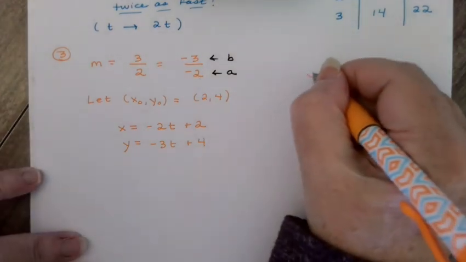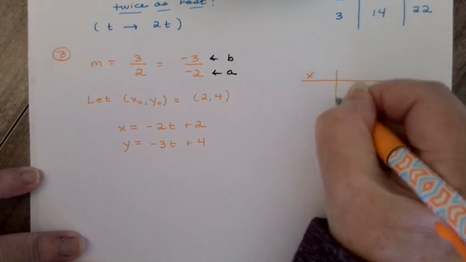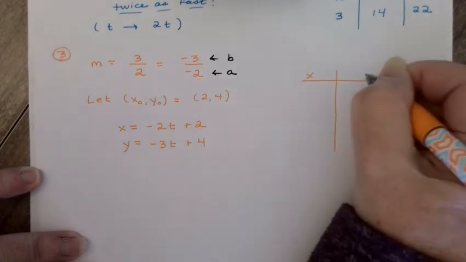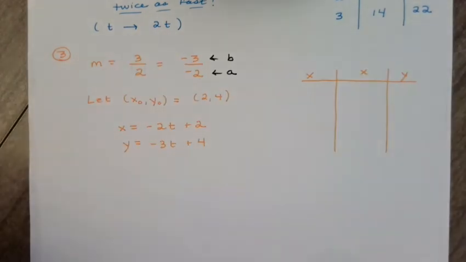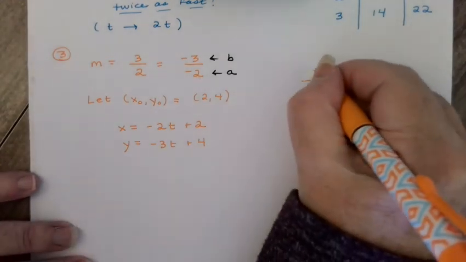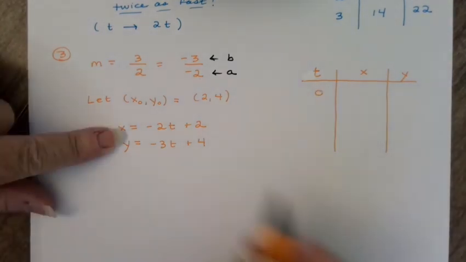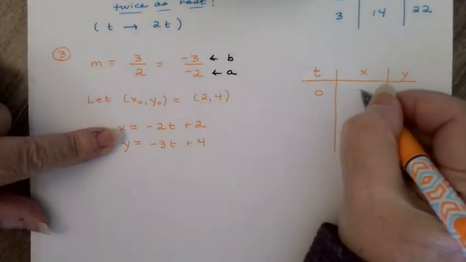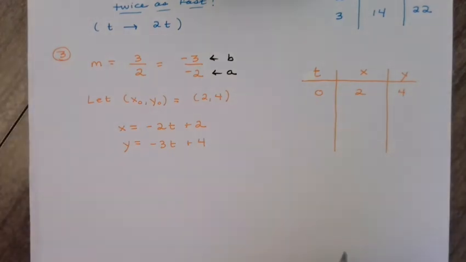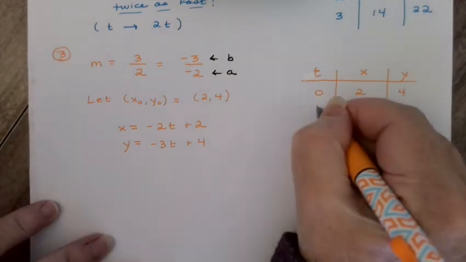I'm going to make myself a little table of values this time. All right, starting out at t equals 0 again. Certainly if we plug in zeros, we're going to get 2, 4. Not surprising, that's our starting point.